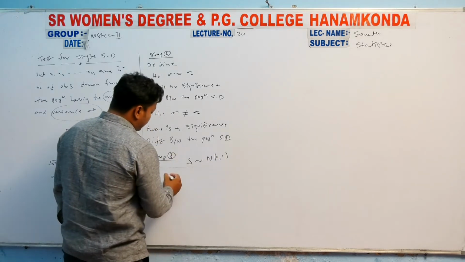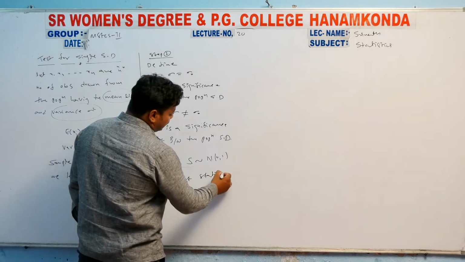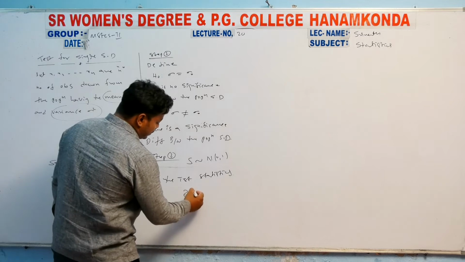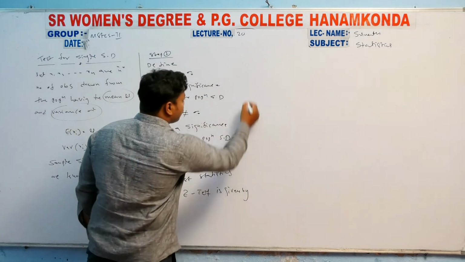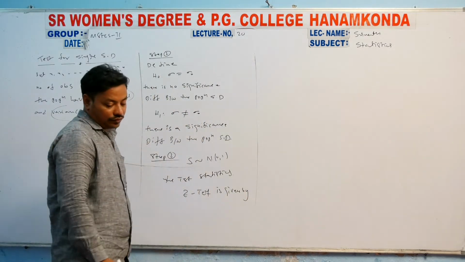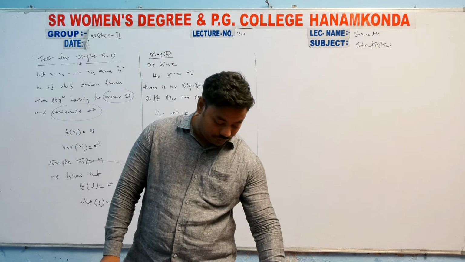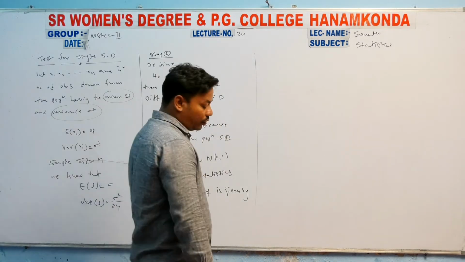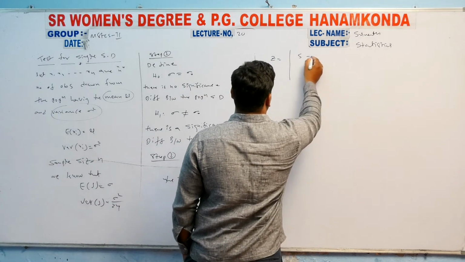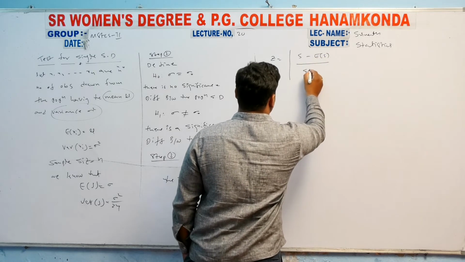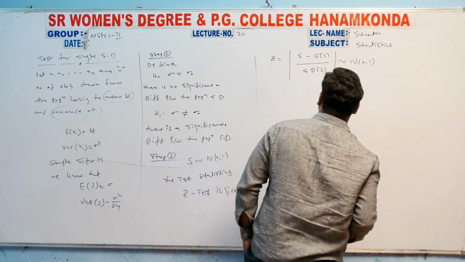The test statistic Z test is given by Z is equal to mod of S minus expectation of S by standard deviation of S, which follows the normal distribution 0, 1.